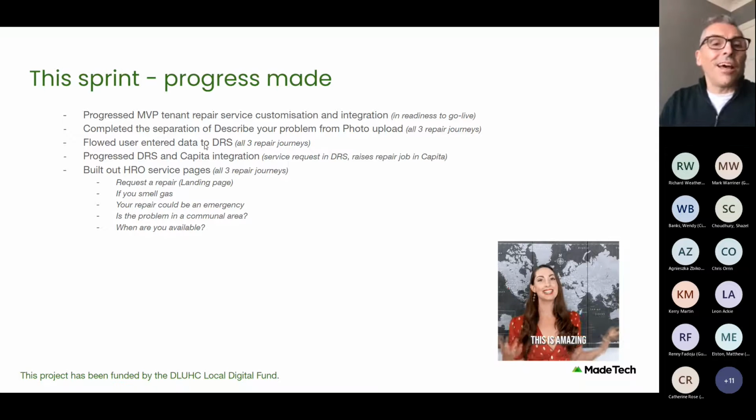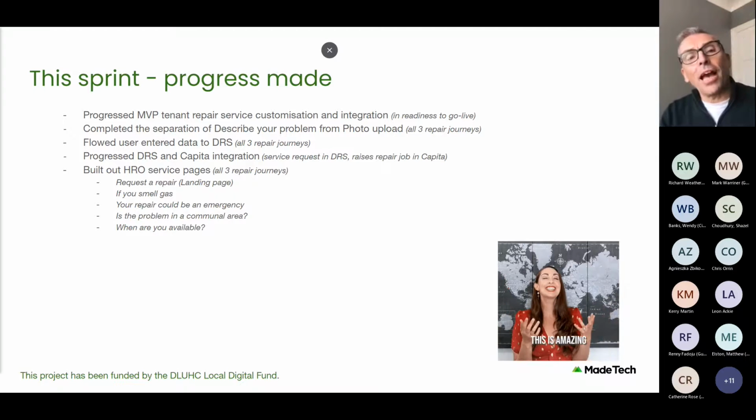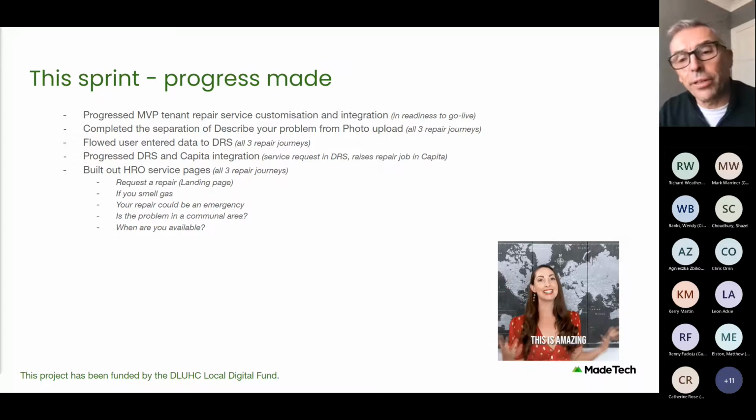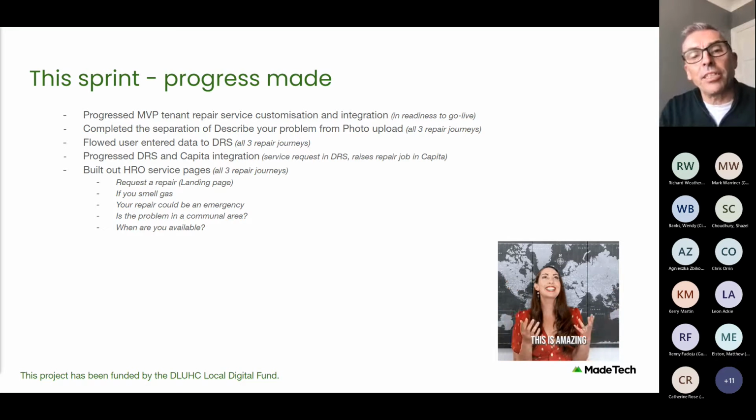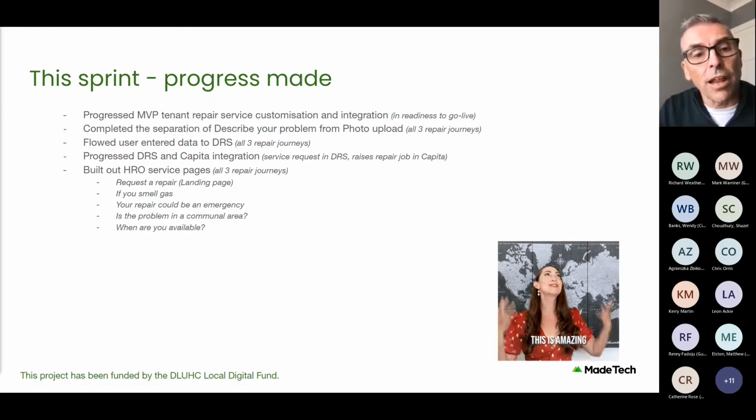Brilliant. Thank you, Kristen. Right. So just a quick recap, progress made in the current sprint. As you've seen, we've progressed the customization and integration of the MVP service in readiness to go live in a couple of weeks. We've completed the separation of describe your problem from photo upload. That was driven by a design change that came out of the user research, and I think Kristen just touched on that.